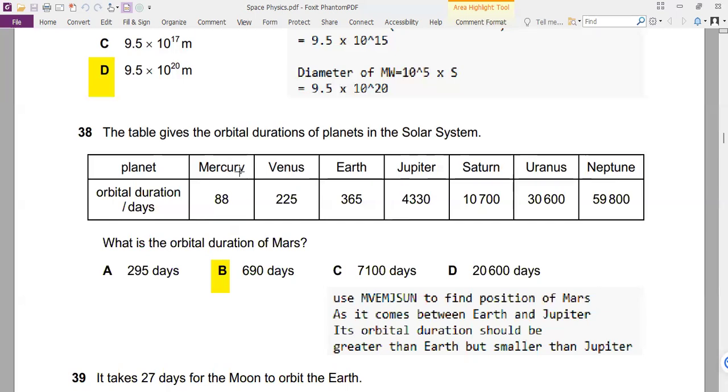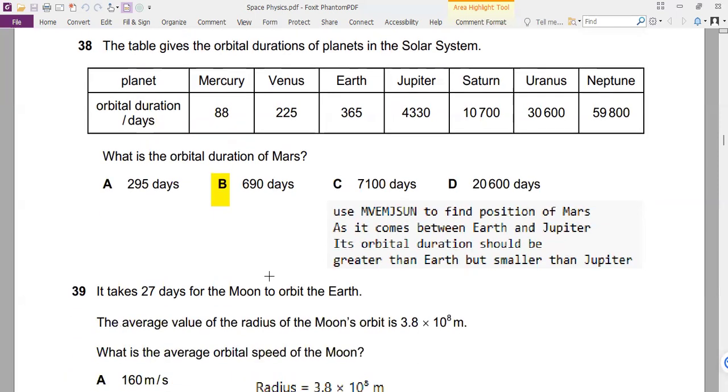Mercury is the closest, and then Venus, and then Earth, and then Mars. Mars is missing. So we should know that the orbital period of Mars should be greater than Earth and less than Jupiter. So it should be a number between these two numbers, which is 690. That's why this is the choice.